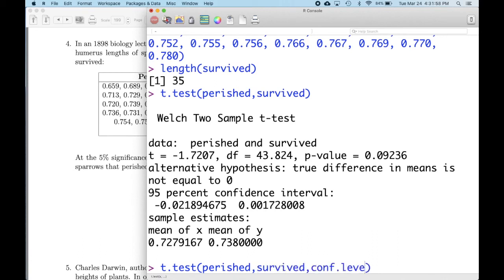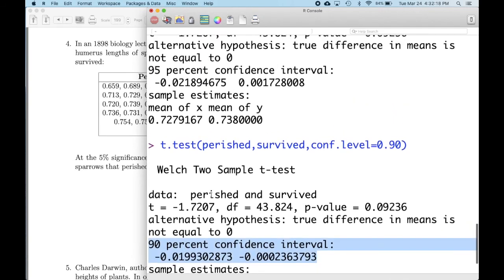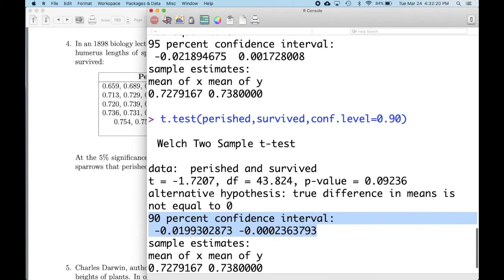I would change the confidence level to 90, so that we have a 10% significance. If we do that, we get basically the same data, but now we have a 90% confidence interval rather than a 95% confidence interval.